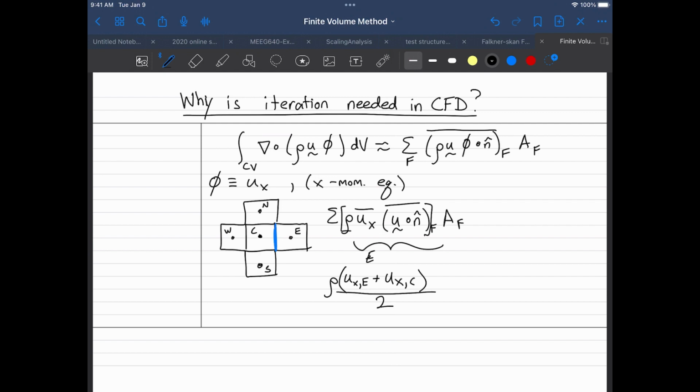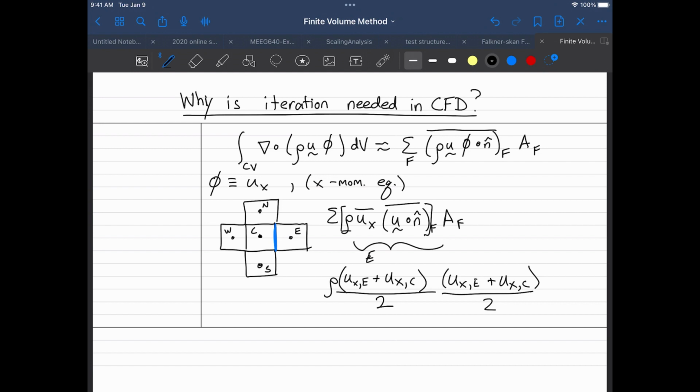Then I need to calculate u dot n also on this face. Well, u dot n really is just u, because in this case n hat is sitting in between. So that value is again u_x east plus u_x center, divided by 2.